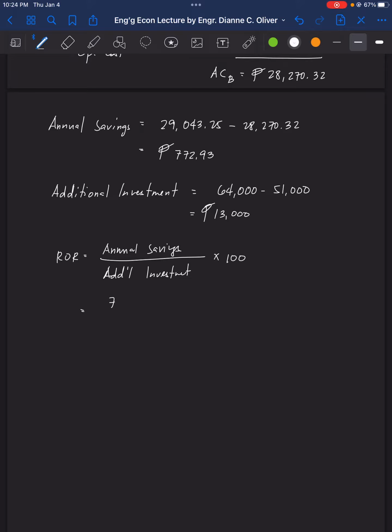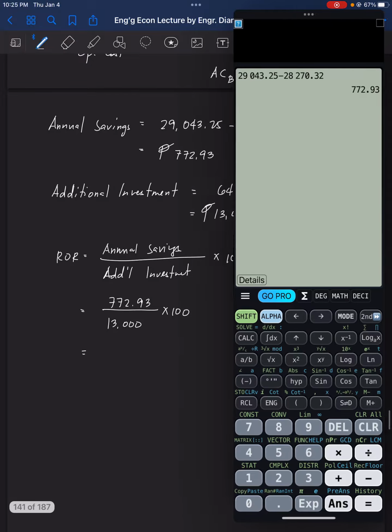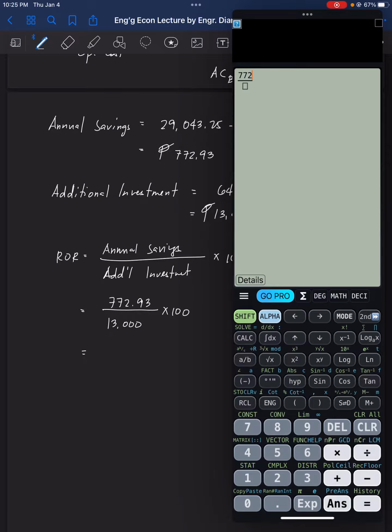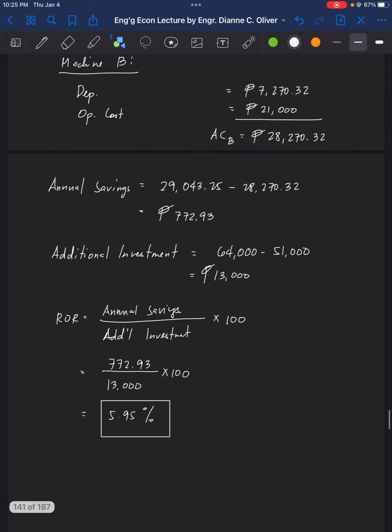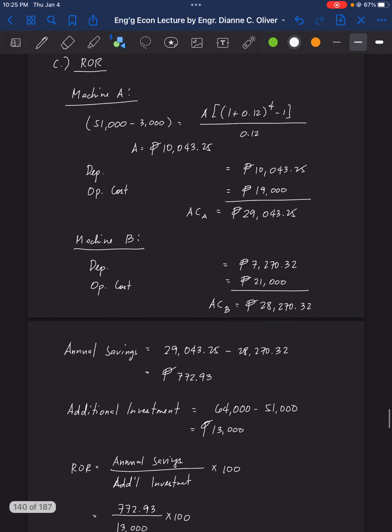So annual savings here is 772.93 divided by 13,000 times 100. So 5.95%. So this is the ROR for example number 1.